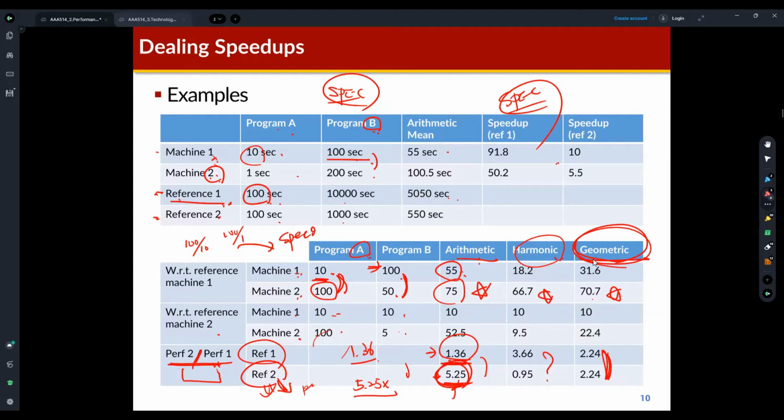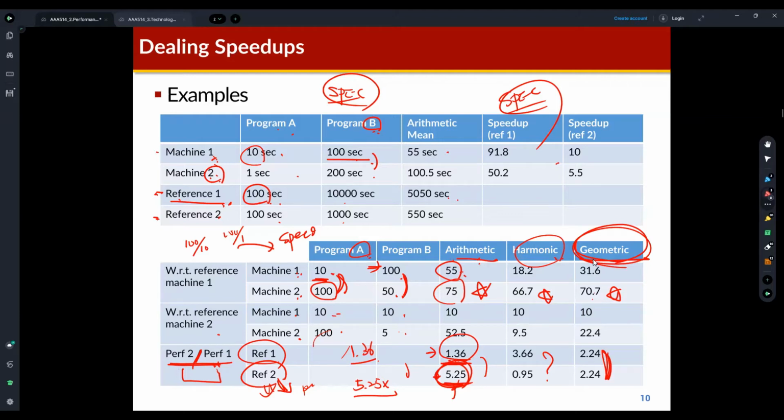So the SPEC benchmark specifies to use the geometric mean. Because even though the reference machine is changed, if we use the geometric mean, then the average performance is not changed.